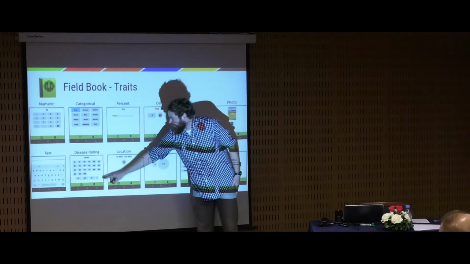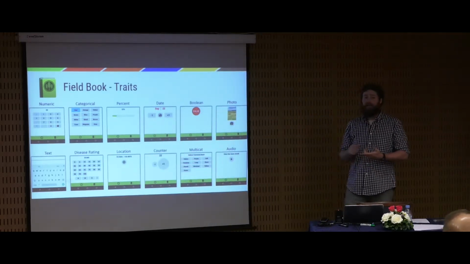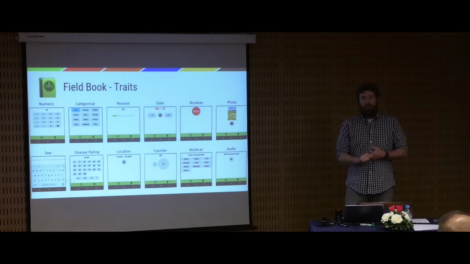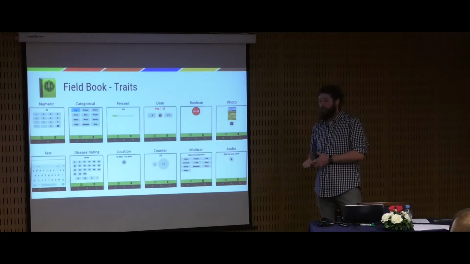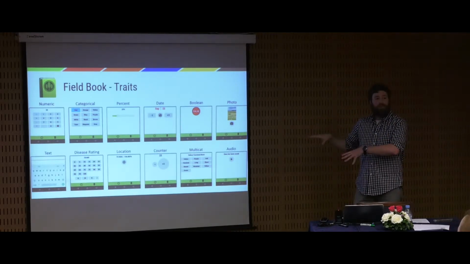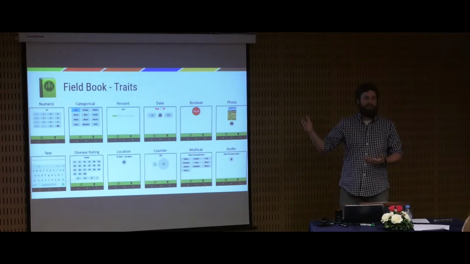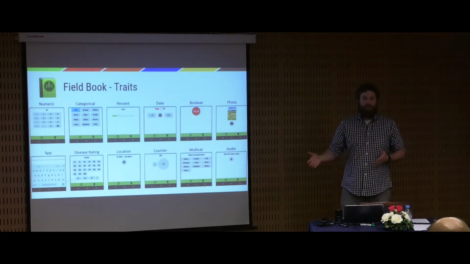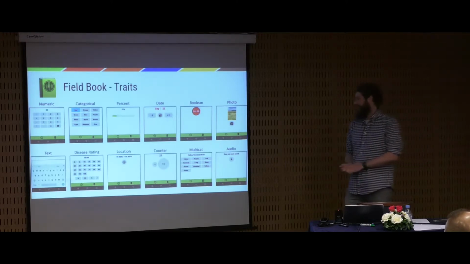So we have a customizable 21 button panel where we can define the severity of the disease. You can customize that. I know people do 0, 1, 5, and then increment by 10. Some people do increments of 5. Once again, every breeder does things a little bit differently.